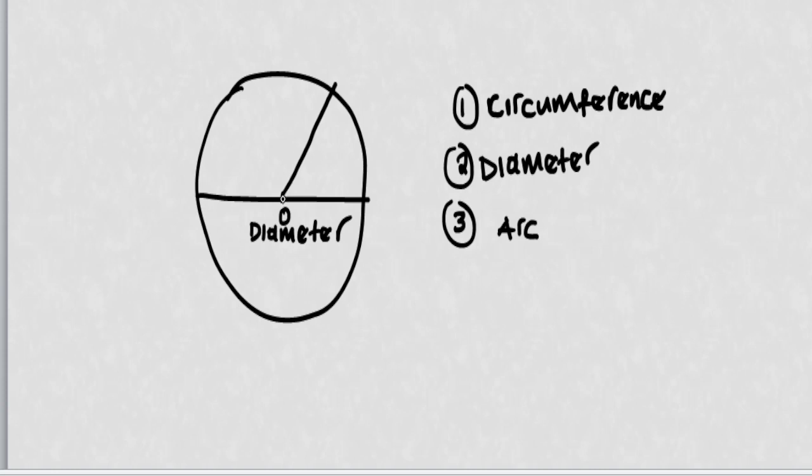This part from here to there is what we call an arc. So an arc is just a part of the circumference. By the way, even this side here is also an arc. As long as it is a part of the circumference, not the entire circumference, it is defined as an arc.